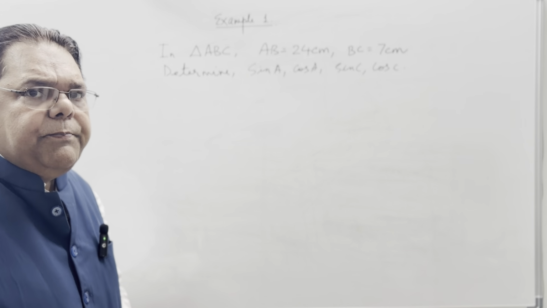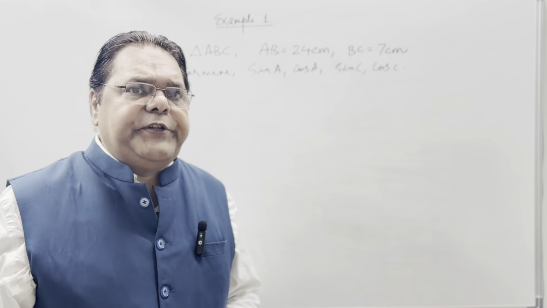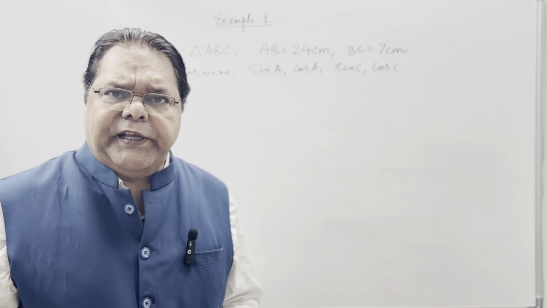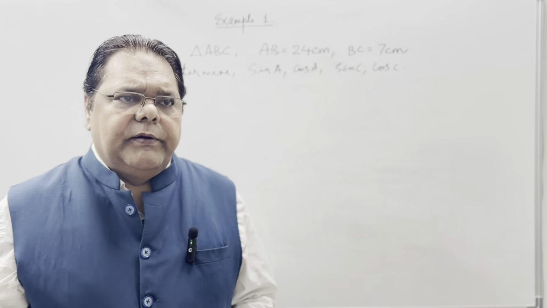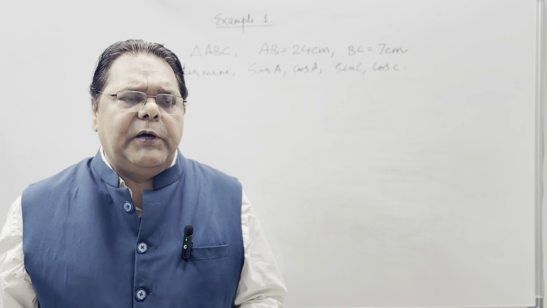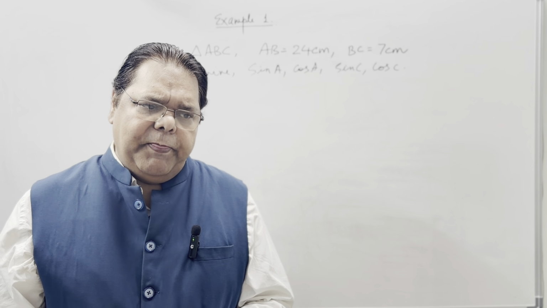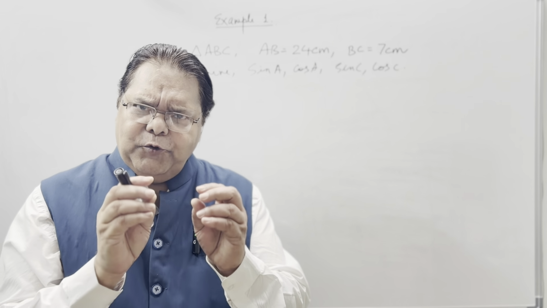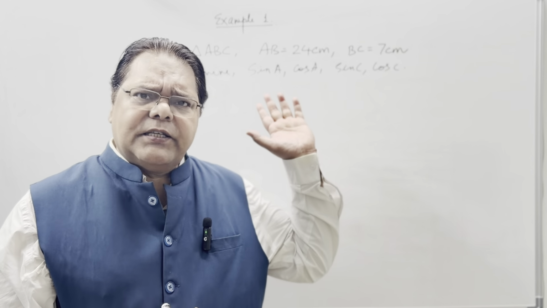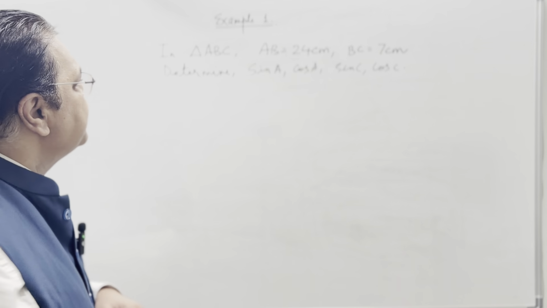Now we have done some basics of trigonometry. We have learned trigonometric ratios, reciprocal values, and trigonometric identities. On the basis of that basic knowledge, let us solve one example.